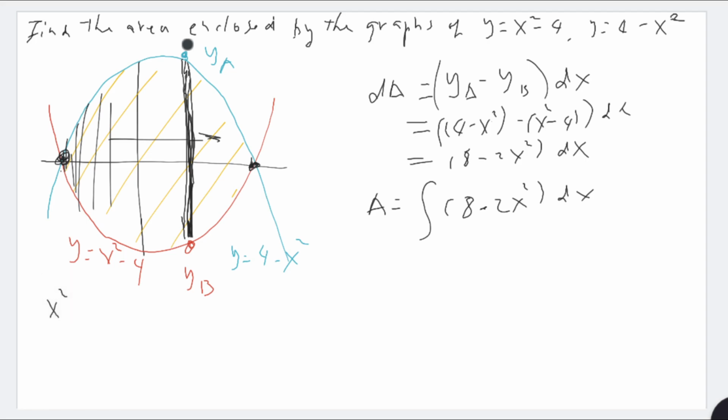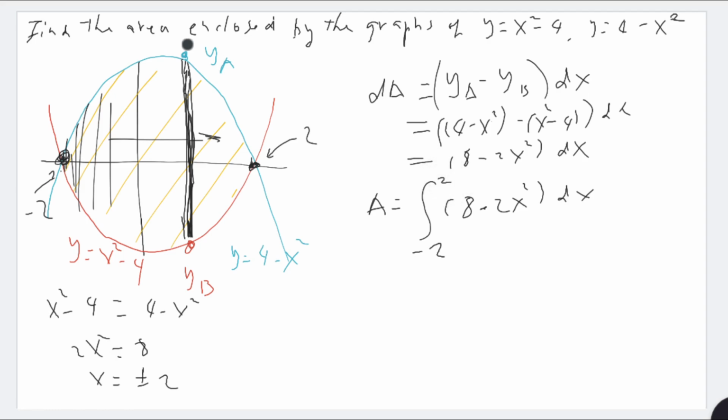Just set the functions equal to each other. You can solve. It's 2x squared equal to 8, x equal to plus or minus 2. So this location is negative 2. This location is positive 2. That's how we determine our limits in the integral.